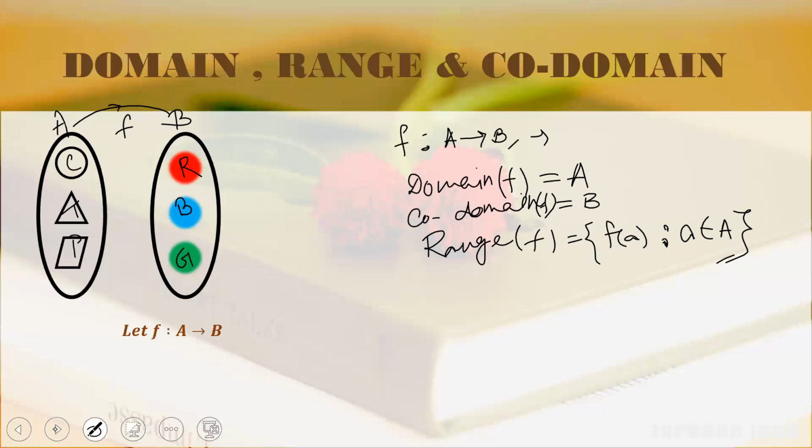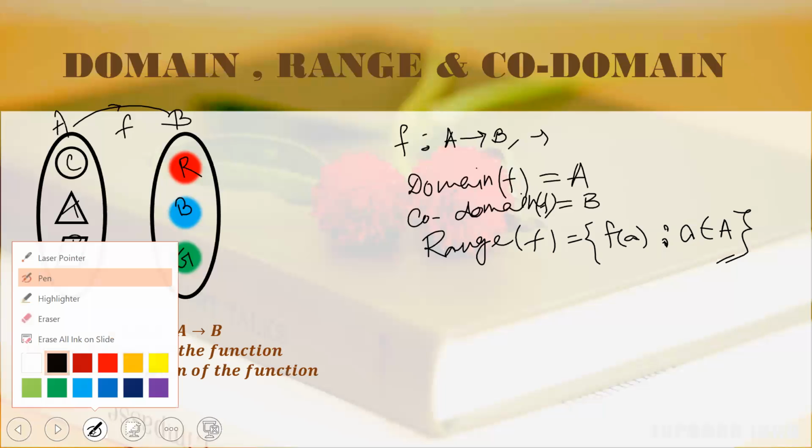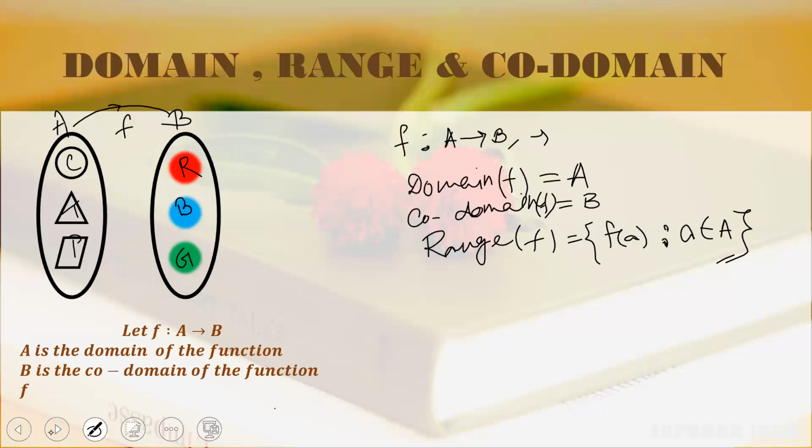So here is the definition from A to B. A is called the domain set of the function, B is called the codomain set of the function, and this set F of A, such that for all x belongs to capital A, we can find the image, that is F of x. So all the collection of F of x we will call the range set.